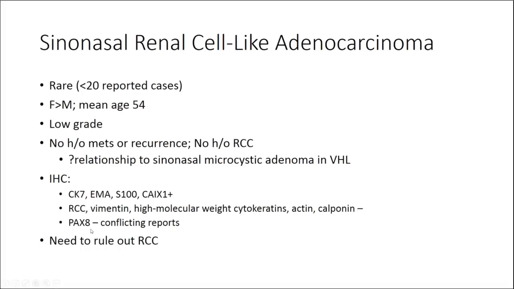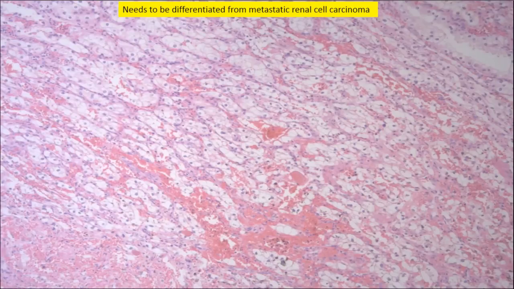So that does not exclude that it's one of these renal cell-like carcinomas. So you need to rule out renal cell. This is just an example of a case that we had, which was a sinonasal metastasis of a renal cell carcinoma, and it looks very histologically similar. Even with the hemorrhage, which is characteristic of renal cell, you often see that in these renal cell-like carcinomas.